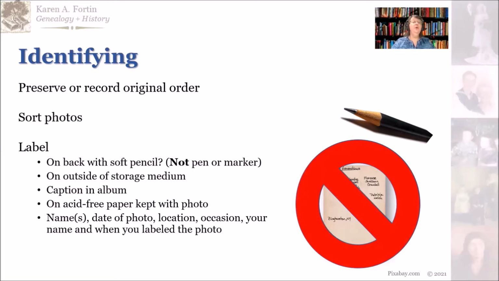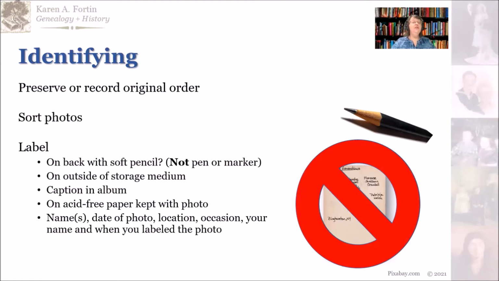If you choose to put the bulk of the information separate from the photo, one option you might consider is to use a small piece of acid-free photo-safe paper that you record the information and keep with the photo against the back of it.